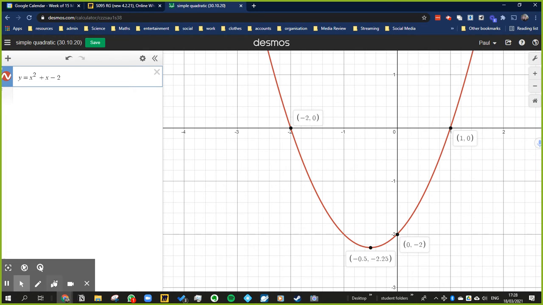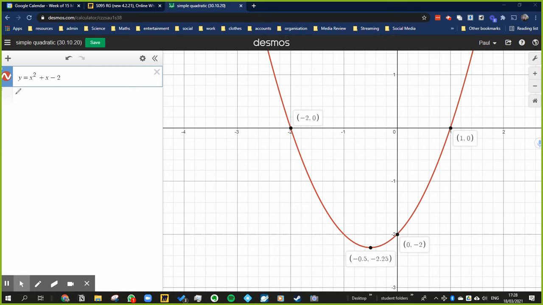So let's just recap how we did this. First of all, the y-axis is where x is equal to 0, so all points at which x equals 0.